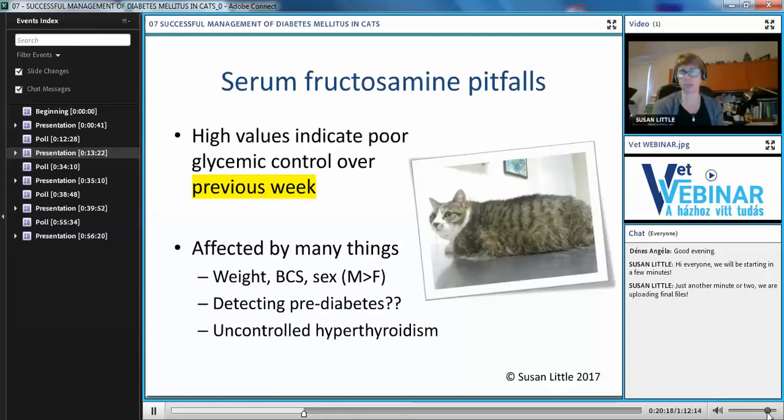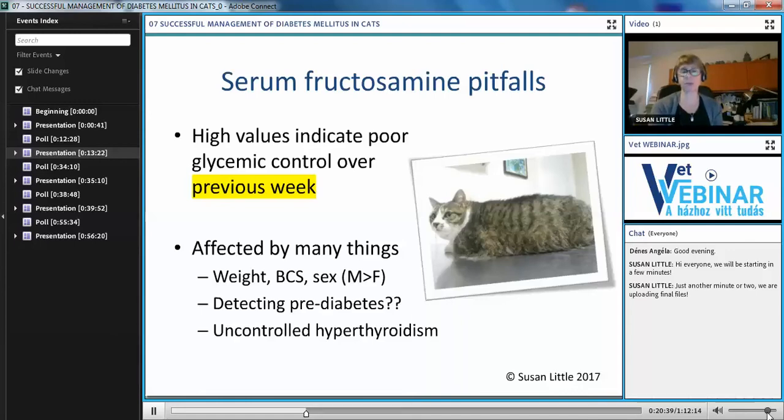And we do have some interest in looking at fructosamine for detecting cats that are developing diabetes but might not yet be diabetic. But now that we know it only gives us a look at glycemic control for the previous week, it's probably not a good test for that, for trying to determine which cats are trending towards diabetes.